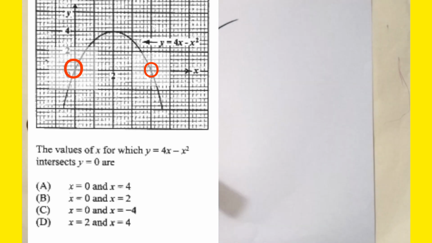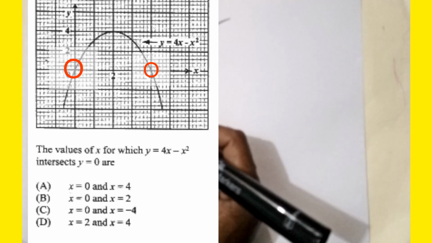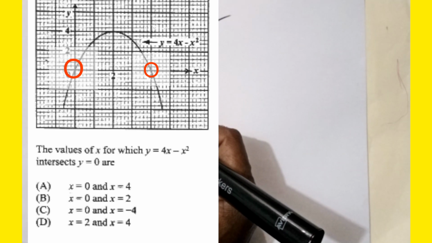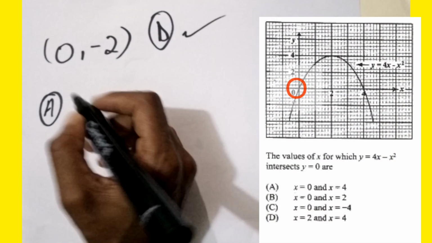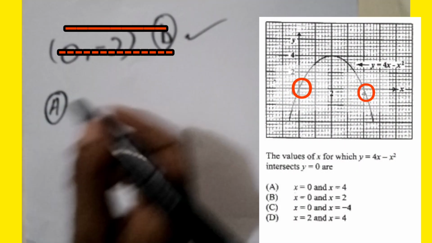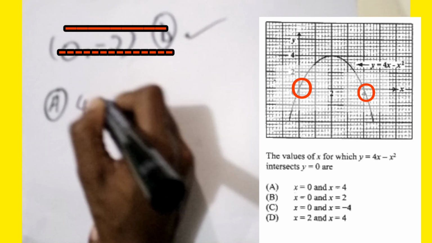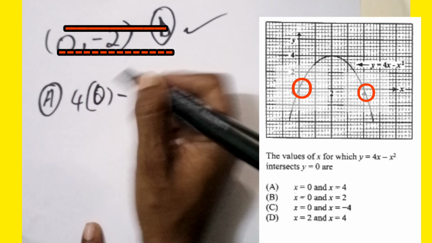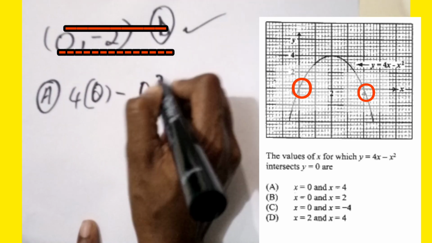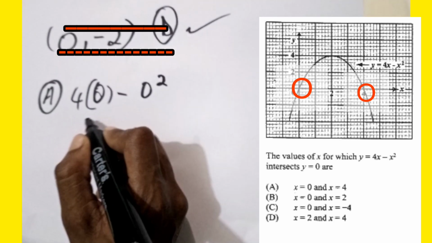At what points does y equal 0? So clearly on the graph there, y equals 0 at the origin as well as at 4. So it would be 0, 4, which is A, when x is 0 and 4.